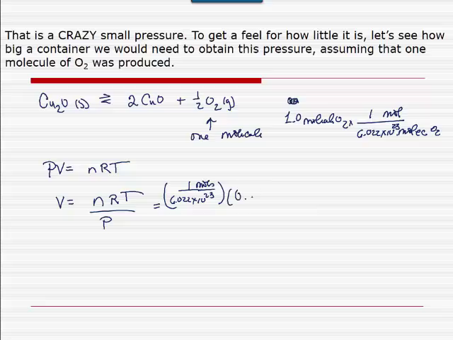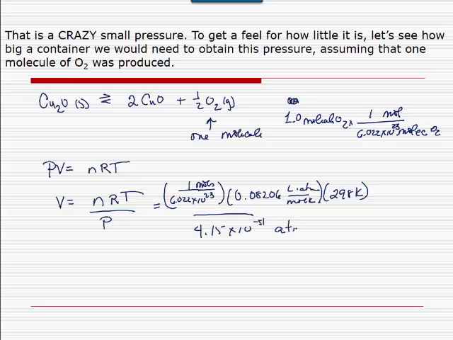For R, I need the one with moles in it, so it's 0.08206 liter atmospheres per mole Kelvin. Temperature, 298 Kelvin. And pressure was that tiny pressure we got on the other side, which was 4.15 times 10 to the minus 51 atmospheres.